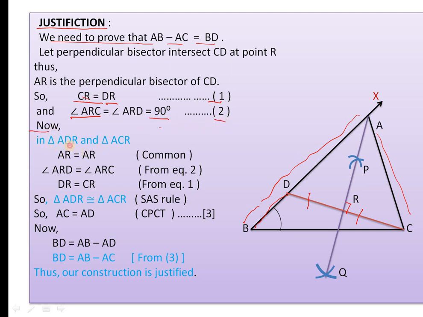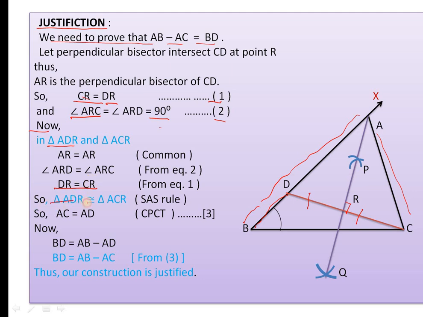Now in triangle ADR and triangle ACR, AR is common and angle ARD and angle ARC are equal, from equation second, proved above, and DR is equal to CR from equation 1.